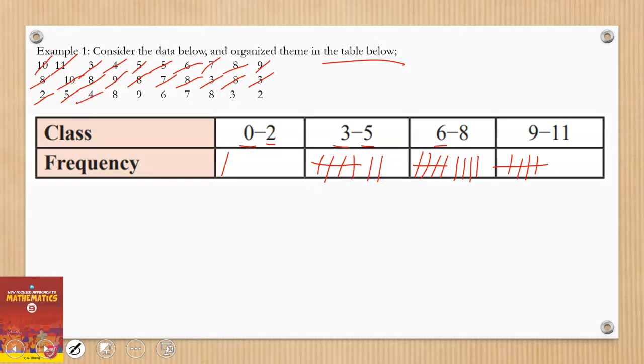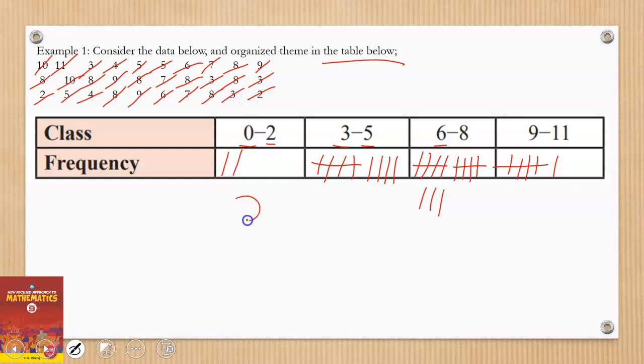2 is here. 5 is here. 4 is here. 8, I'll strike this one too again. 9 will start a new one. 6 I'll start a new one. 7 will come. 8 will come. 3 will come here. 2 will come here.